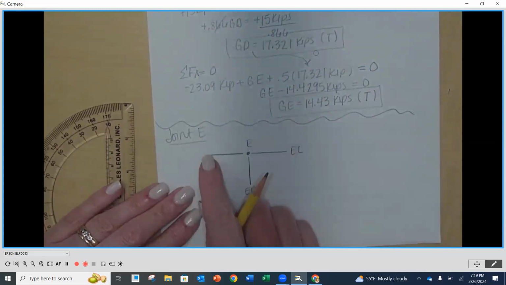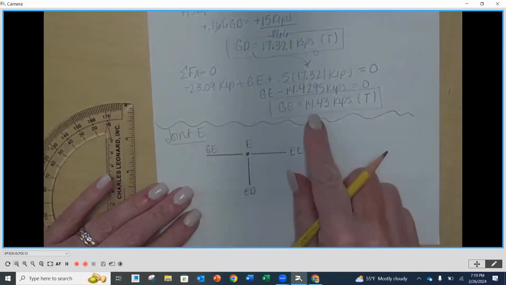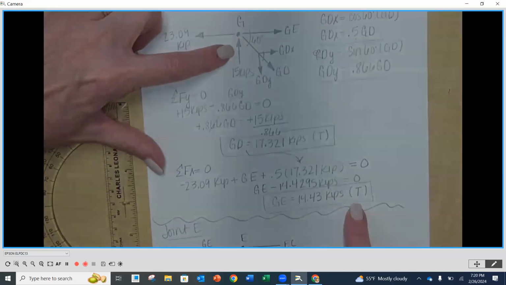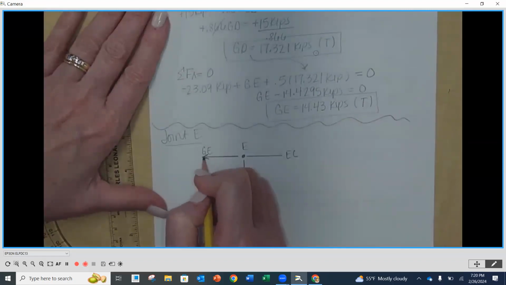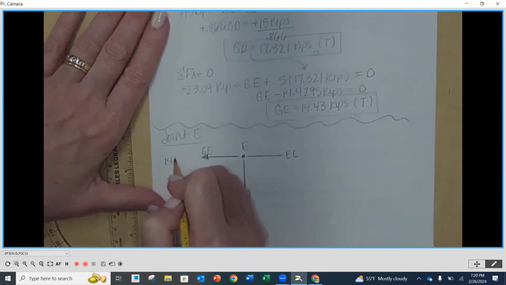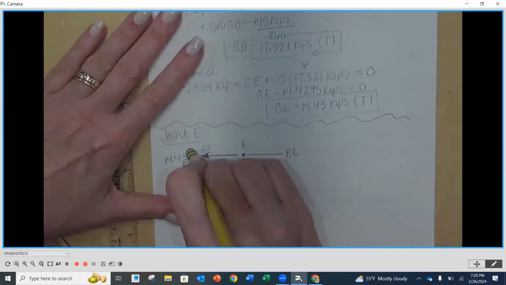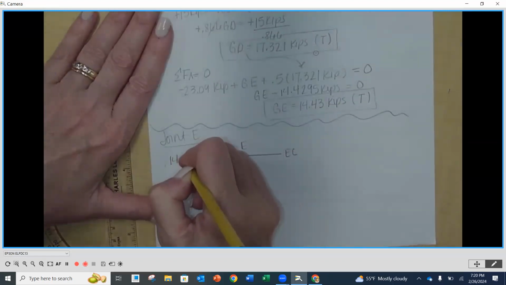And this is GE, right? And I know that to be 14.43 in tension. So if it was in tension up here, it has to be in tension over here. So it's going to be pulling away from E. And I know that to be 14.43 kips.